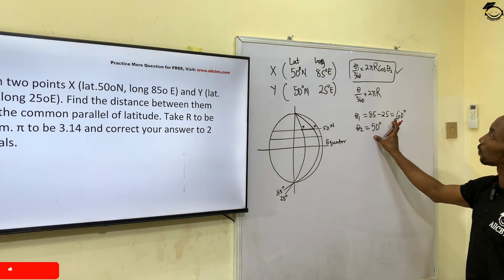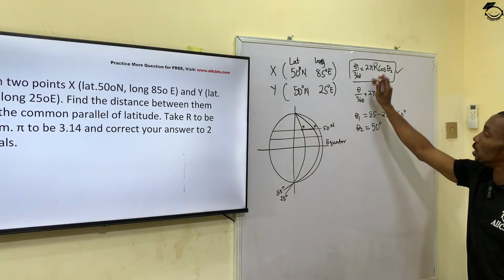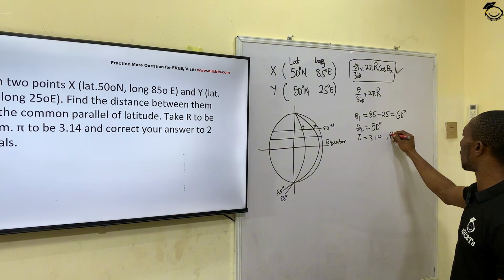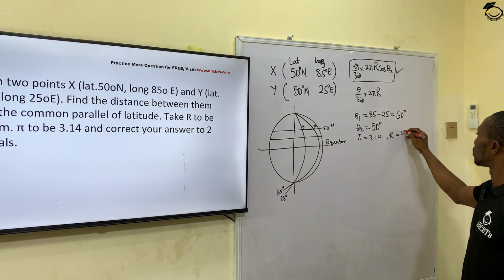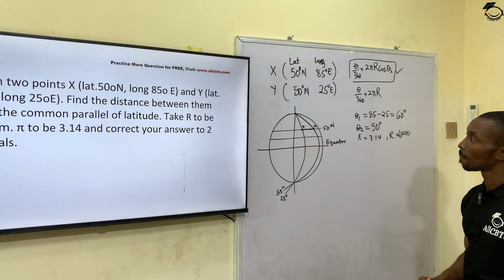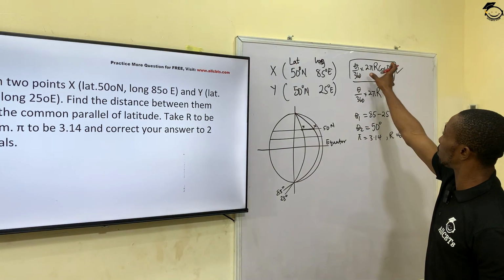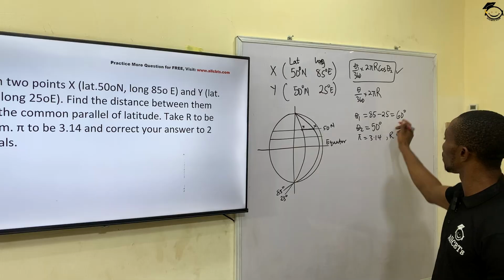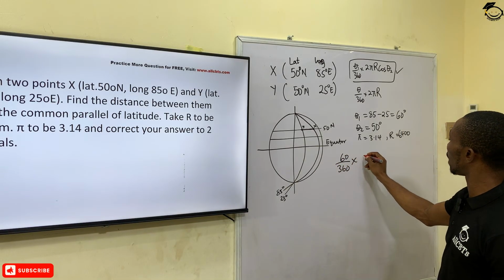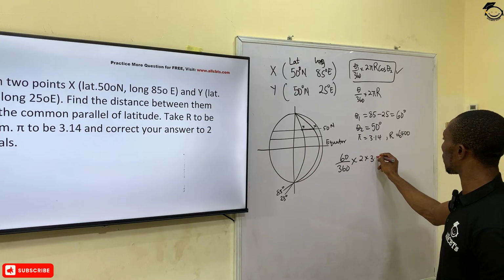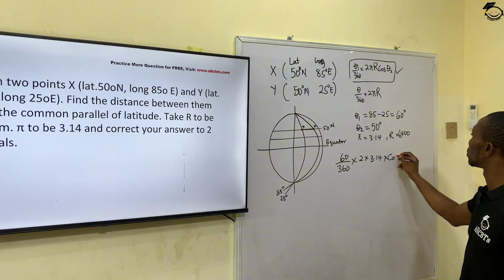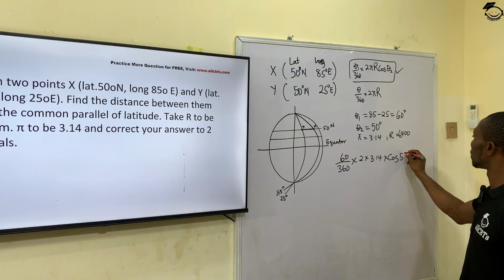Now, inputting this data, we have pi as 3.14 and our big R as 6,400 kilometers. Inputting all these values, we have it as 60 over 360 times 2 times 3.14 times cos 50.